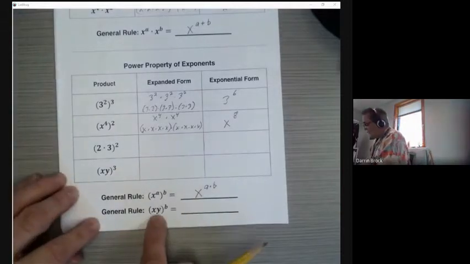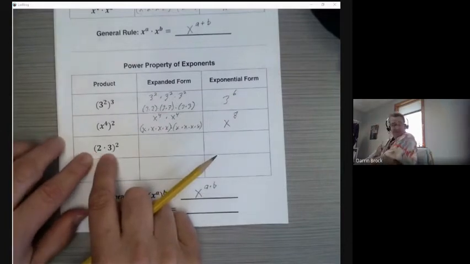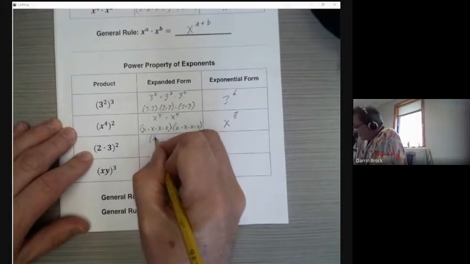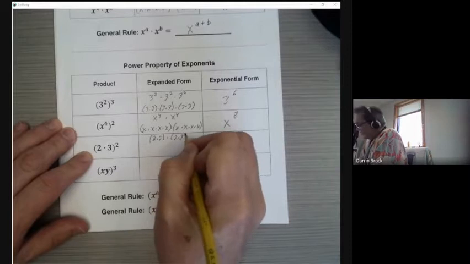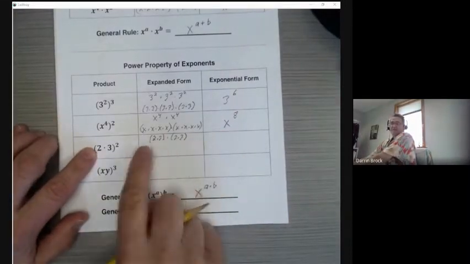How about when we have two things inside with the power? So let's look at that. 2 times 3 squared. So that would be the same thing as 2 times 3 times 2 times 3, right? Because it's squared. We take whatever's in there, we multiply it by itself 2 times.